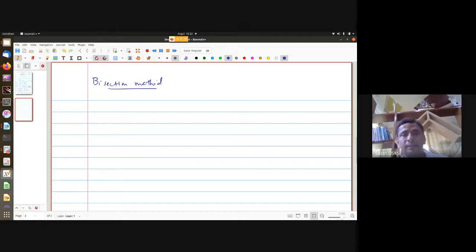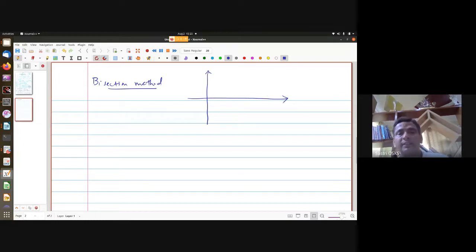For bisection method, the first thing we need to do is identify the two places where the function cuts the axis. Let us say we have some function, and these are the roots that we want to determine. To determine the root, first you have to bracket the root.